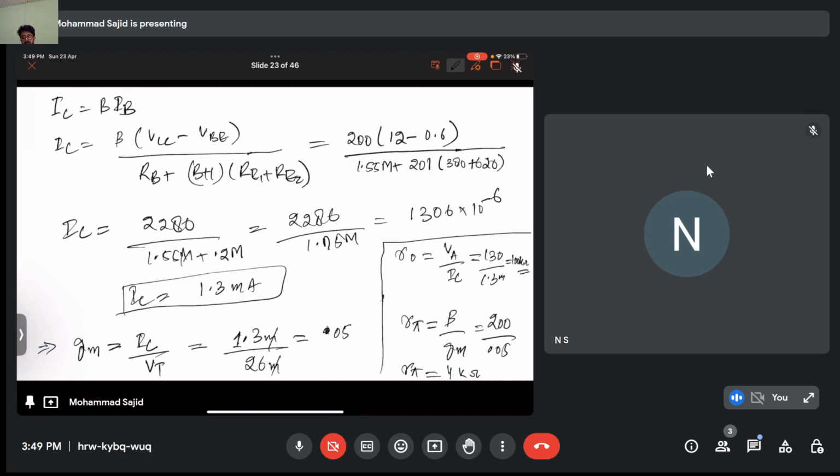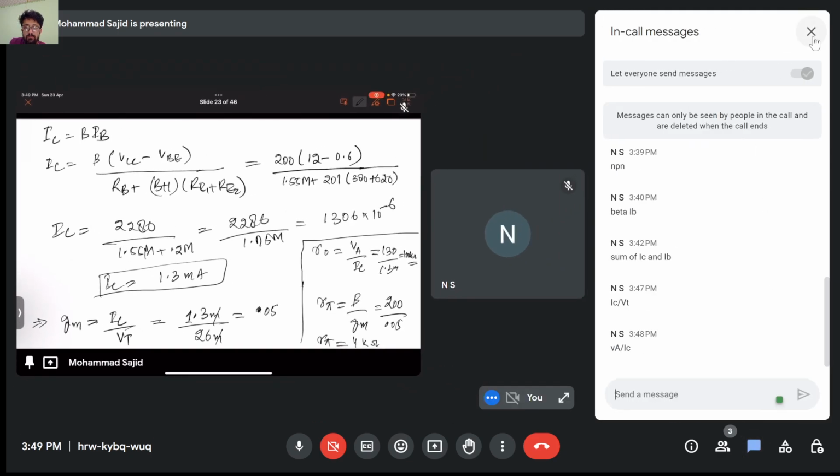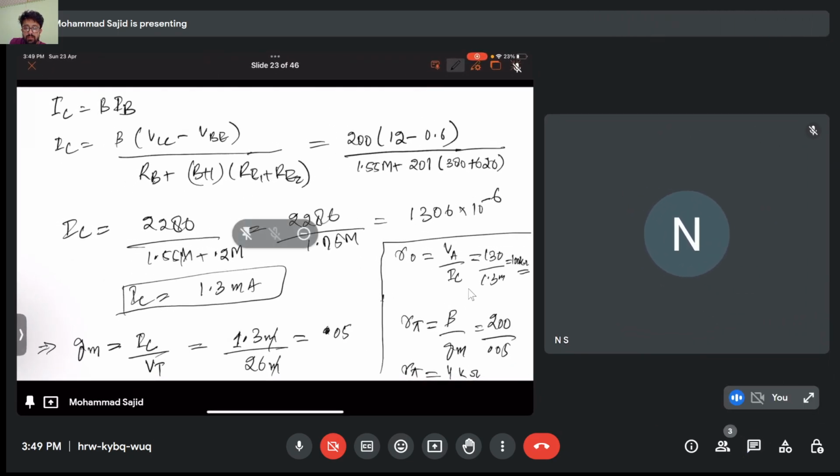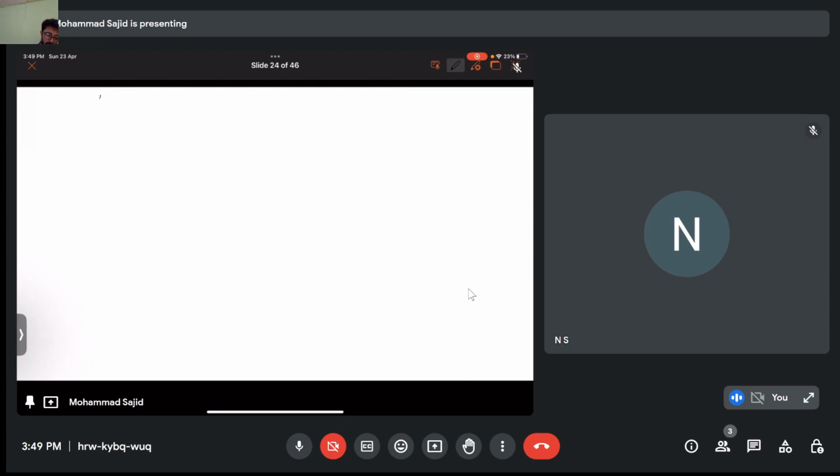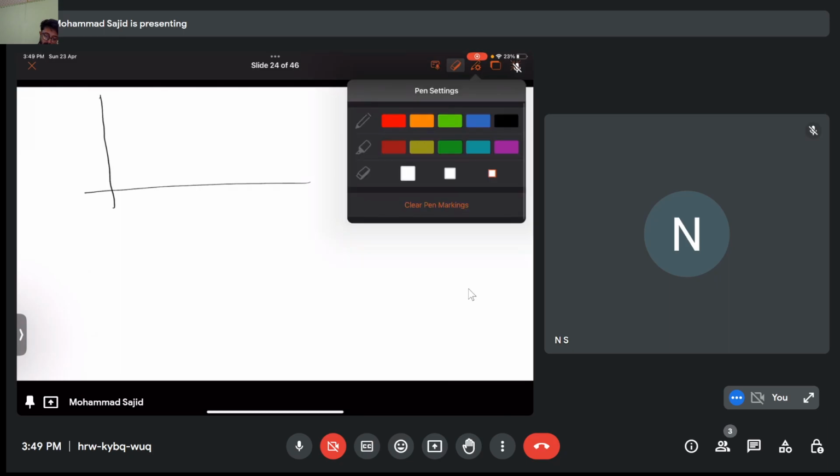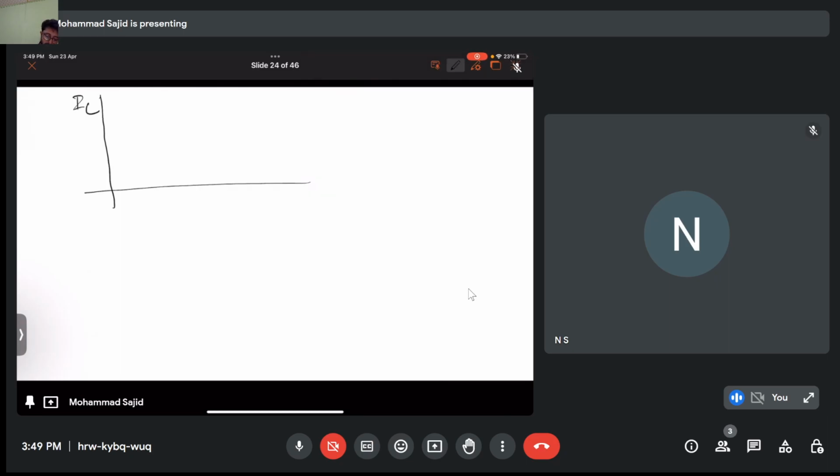So what does early voltage signify? If early voltage is less, what will be the transistor behavior? Let me just draw IC versus VC.